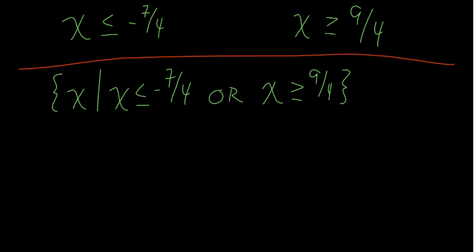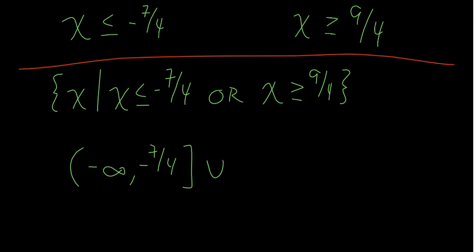I would say, in parentheses, from negative infinity to negative 7/4, and we're going to union that with, almost messed that up, a bracket there, because this is an or equal to.